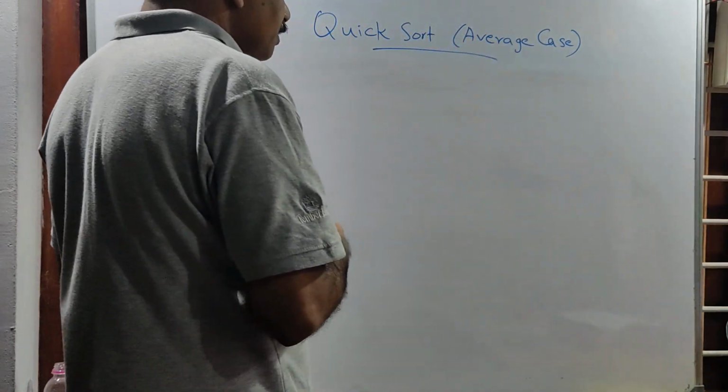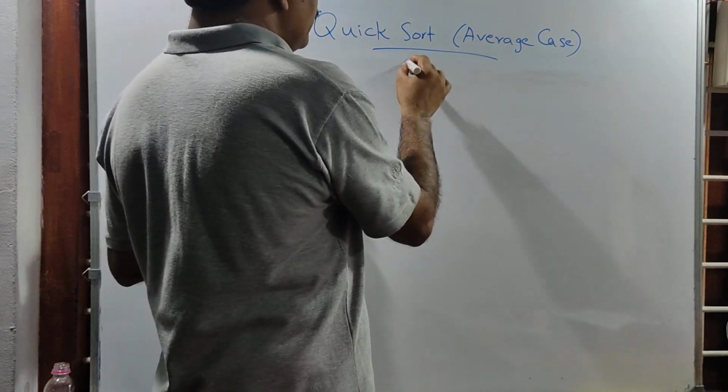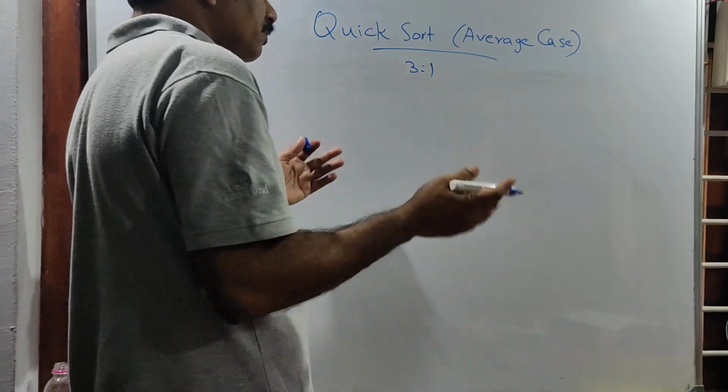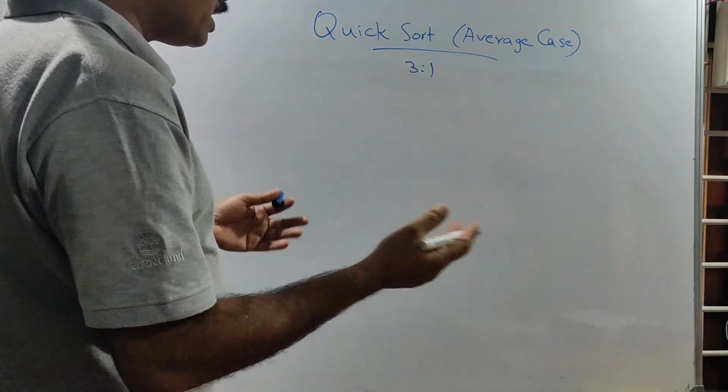In an average case, the array will be divided into 3 to 1 or 9 to 1 or something like that.